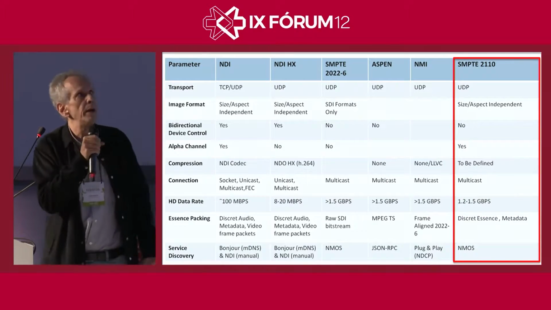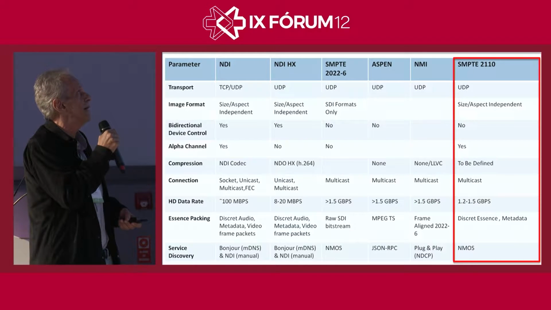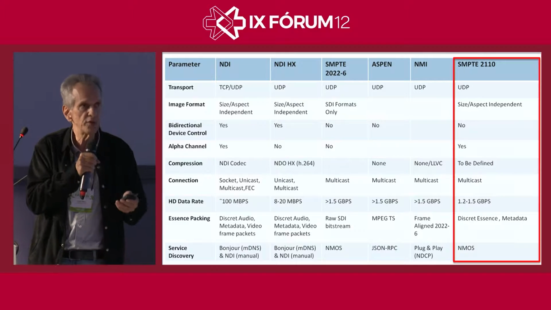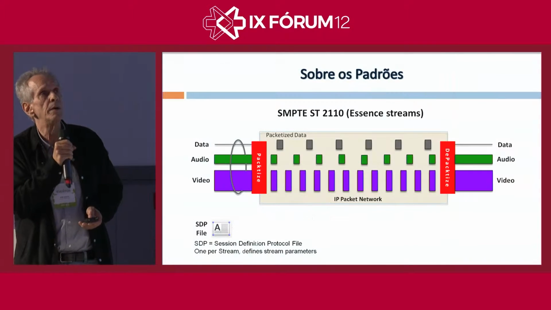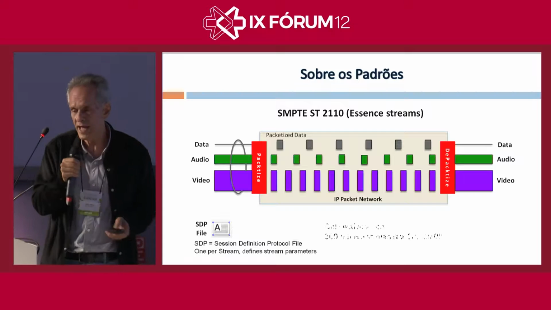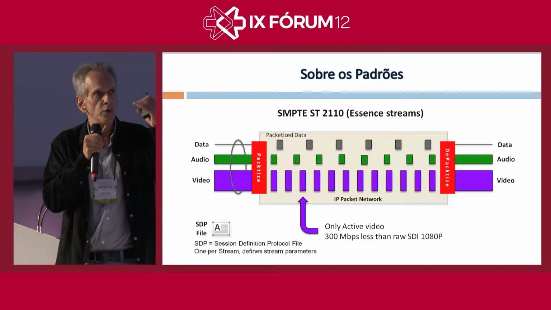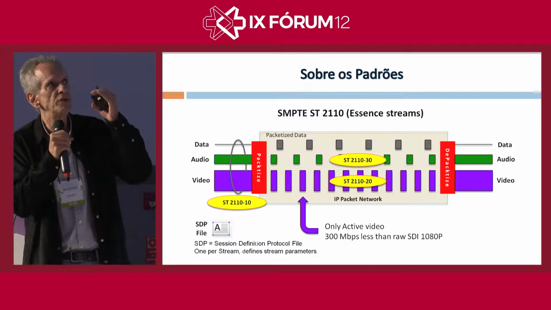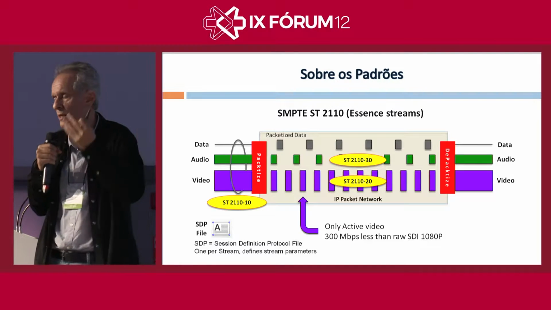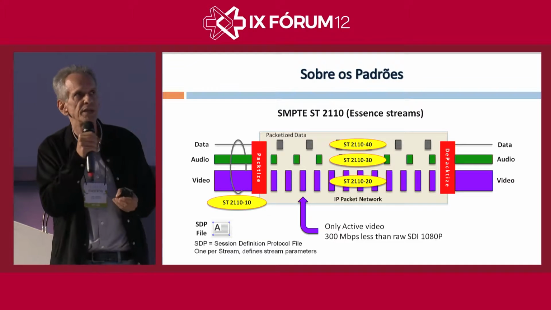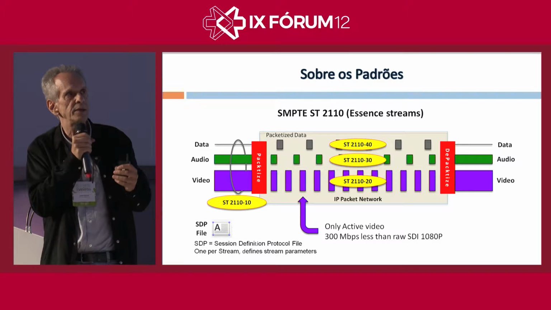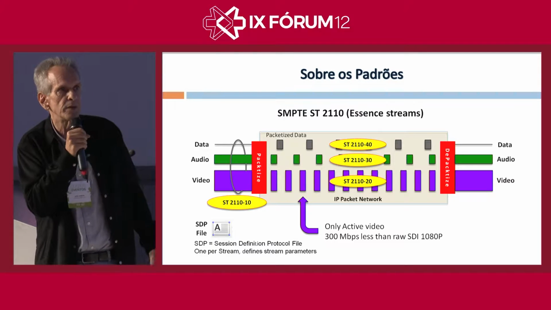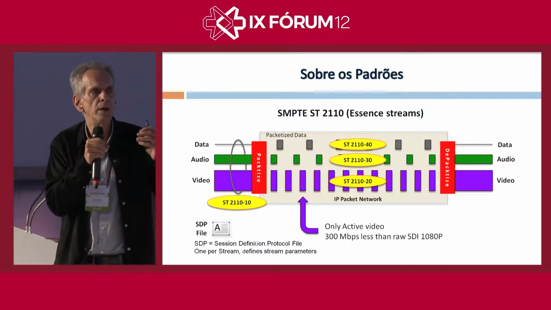Most of them are UDP, RTP standards, independent sizes, and multicast in the studio. This is the 2110 standard, where we have a flow for video, another one for audio, actually several flows for audios. They are all isolated with their IPs and data flow.